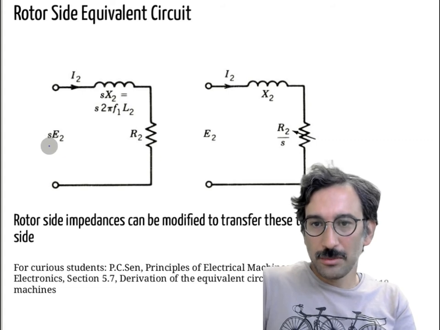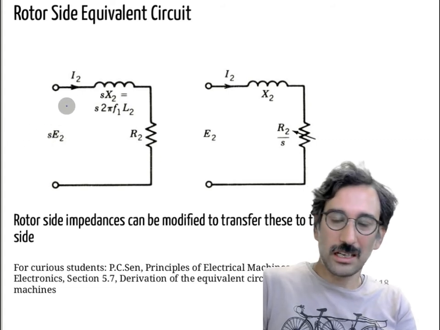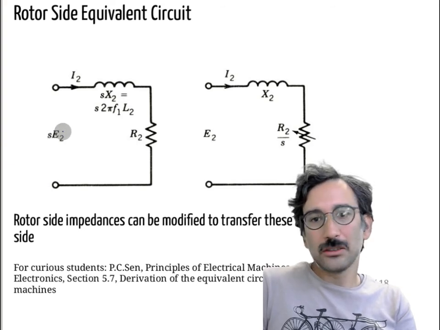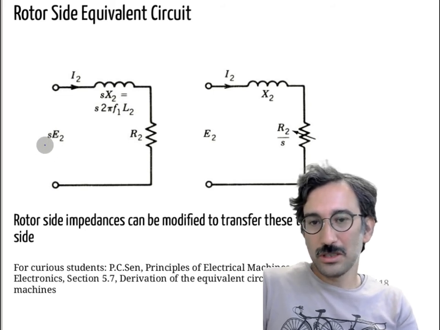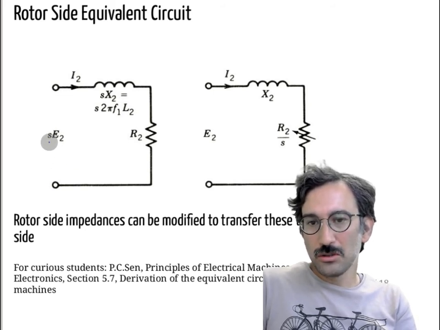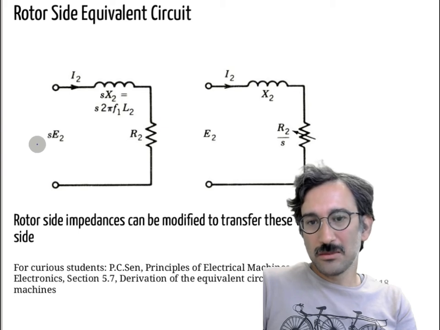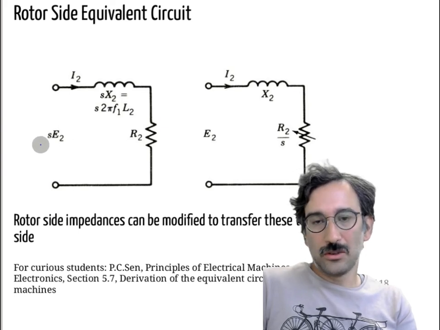Anyway, because of that, I can represent the magnitude of the induced voltage that couples the rotor circuit as S times E2. You don't have to worry about the details; I'm happy if you just understand the main logic. So as the slip gets bigger, that voltage will get bigger. As the slip gets smaller, it will get smaller, and when slip is equal to 0, that will be 0 as well.